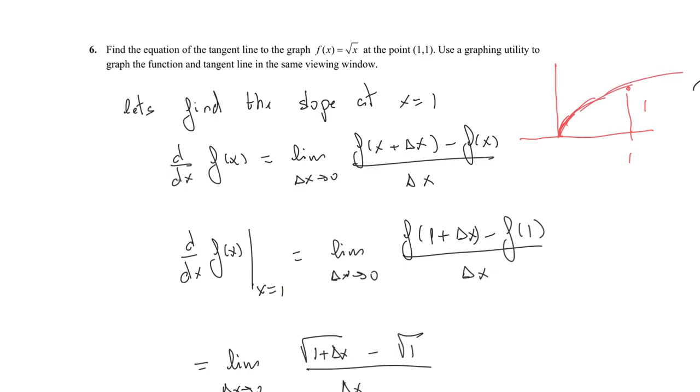And the challenge here is to know what is the slope at the point 1, 1. This slope looks to be less than 1, less than 45 degrees.